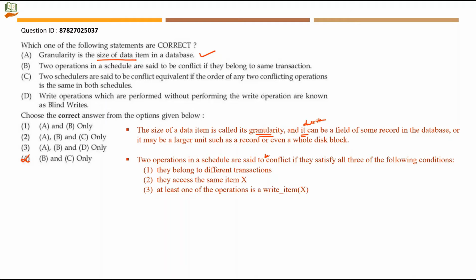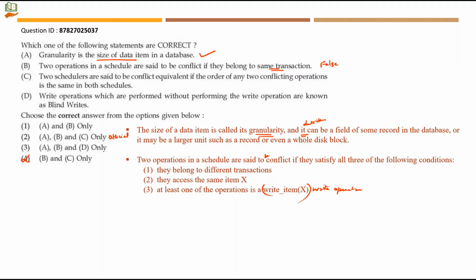They have to access the same item X, and at least one of the operations is a write operation. B says it is said to be in conflict if they belong to same transaction, which is totally wrong. The official answer has been marked as option number 2, which includes B. In fact, all the options include B, but it is false.